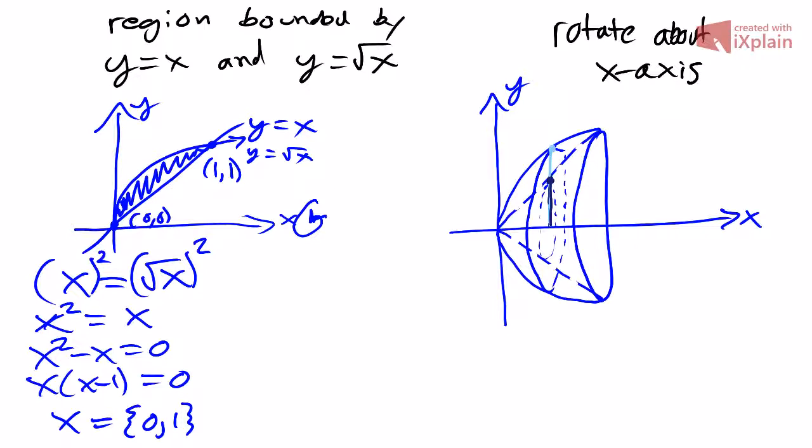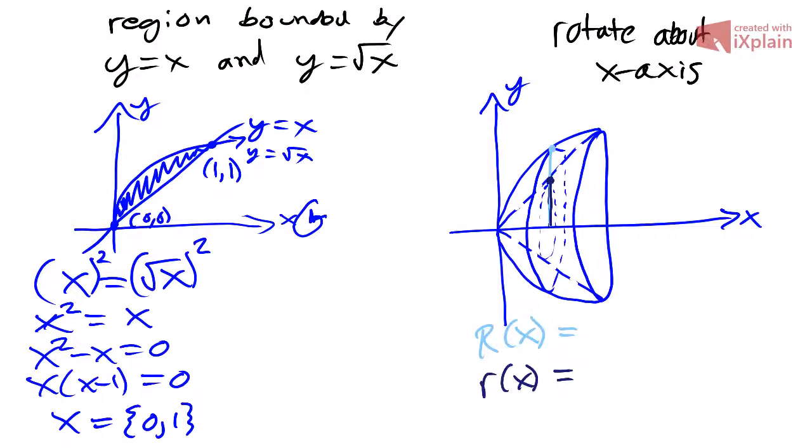Okay, so we're going to use capital R of x for the large radius, and then a lowercase r of x for the smaller radius. And again, the radius is always going to be the absolute value of the axis of rotation minus the curve. Here, the axis of rotation is just 0.